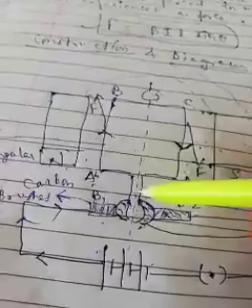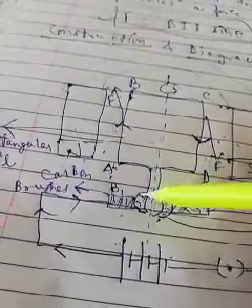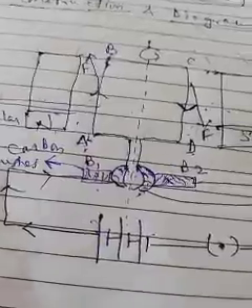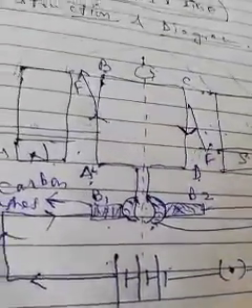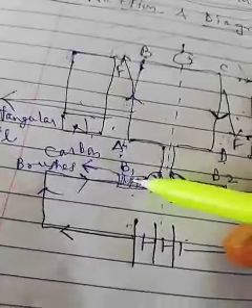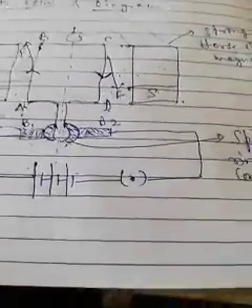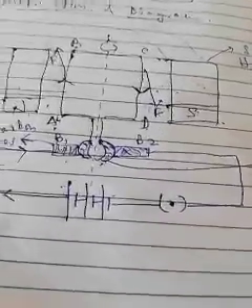The carbon brushes provide a good path for transmission of current through the coil. The split ring commutator and carbon brushes help to make the current path.